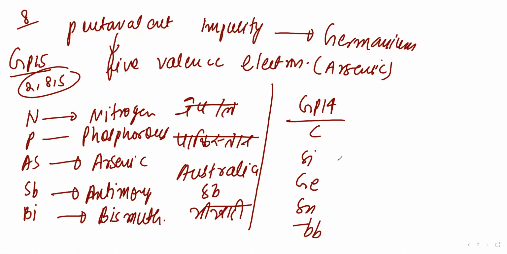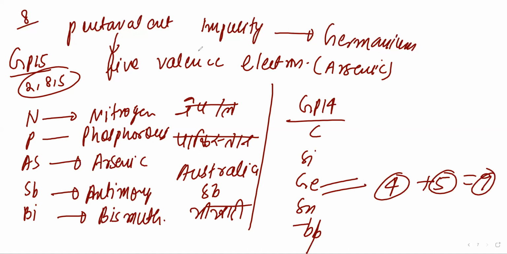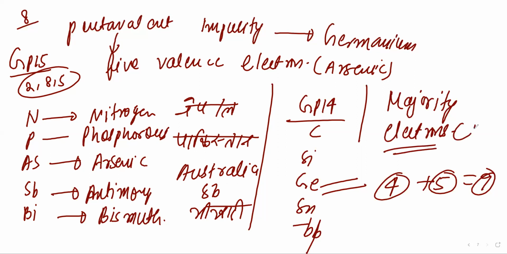Germanium has 4 electrons in the outer shell, combining with 5, so it forms an n-type semiconductor. The majority carrier here is the electron.